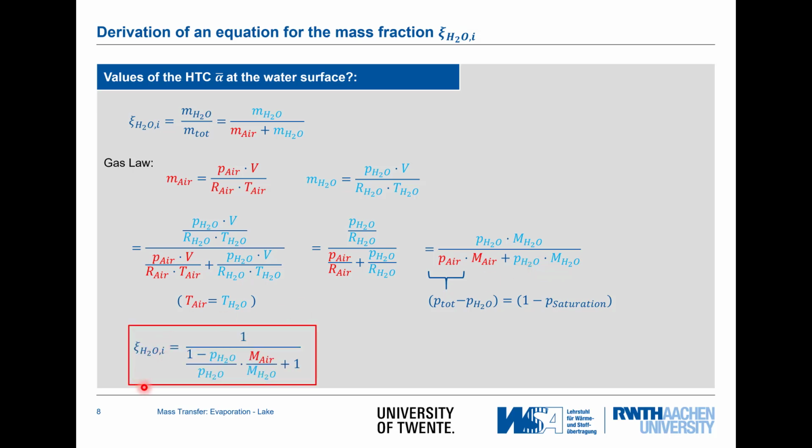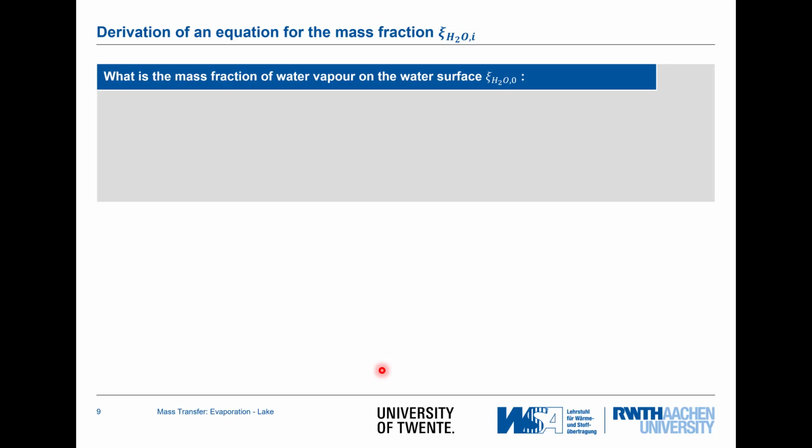So you see here now an expression for Xi water vapor, and this carries the molar mass of air, molar mass of water, and the partial pressure of water vapor. And if you now calculate this to determine the water vapor surface fraction, then we know that's at the saturation pressure. The saturation pressure we have to take either from a table or to calculate that.